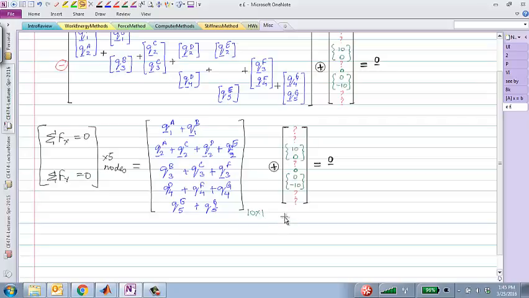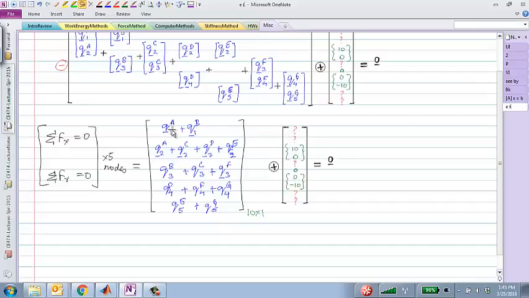Keep in mind, these are things that we do not want to do by hand. We want to be able to automate the process for generating these. So essentially, it's a 10 cross 1 vector and another 10 cross 1 vector, and we want to make it go to 0. What are the unknowns here? The unknowns are displacements, right?